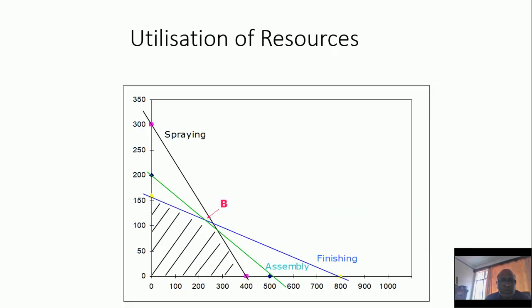Right? So remember, how did we get B? We got B by solving the assembly equation with the finishing equation, right?